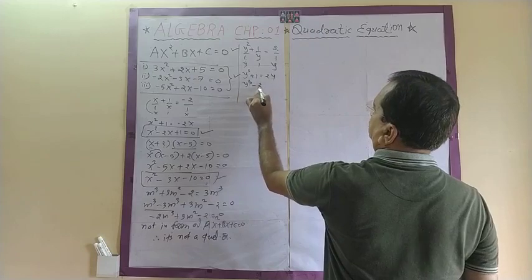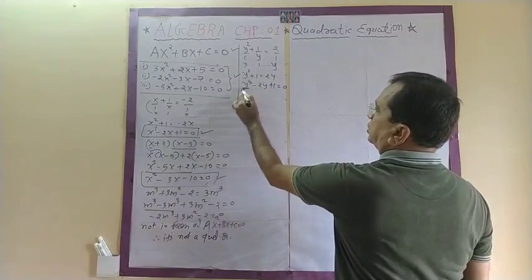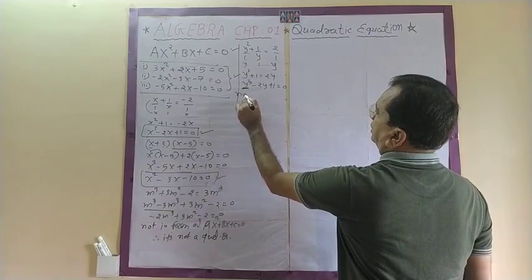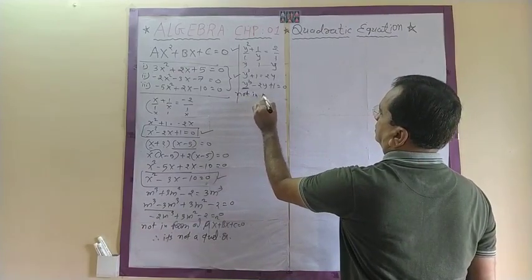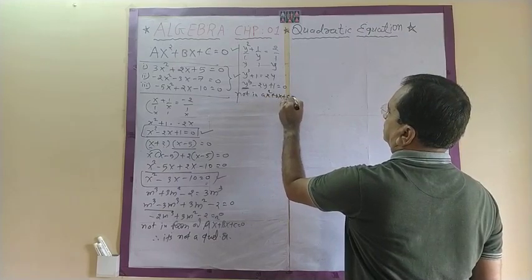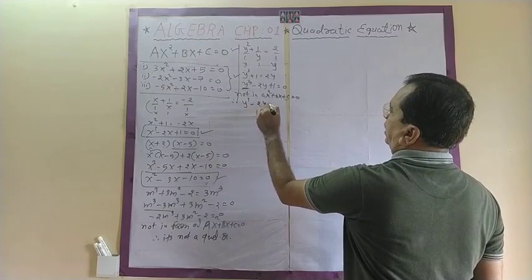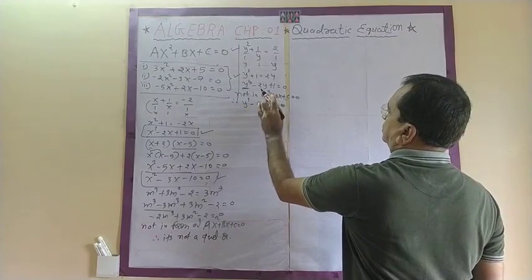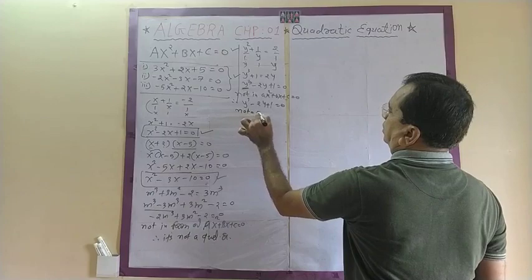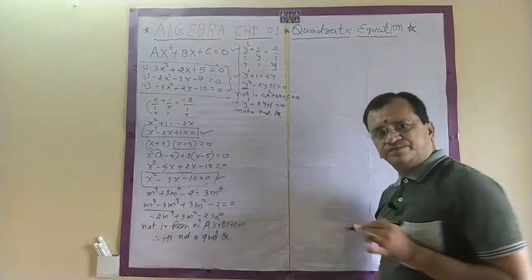So y cube minus 2y plus 1 is equal to 0. See, cube means not in the form ax square plus bx plus c is equal to 0. Therefore, y cube minus 2y plus 1 is 0, not a quadratic equation.